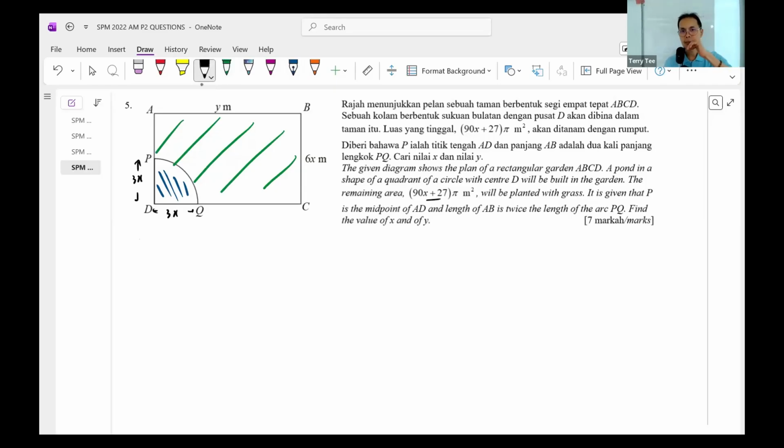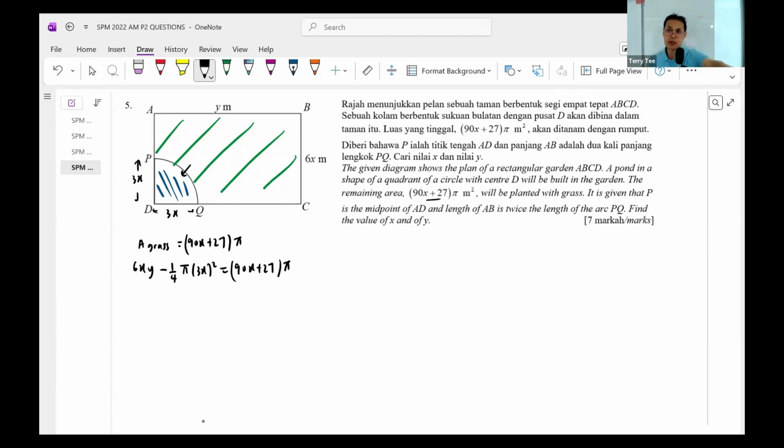Take the rectangle minus the quarter of a circle. The area of grass is 6x times y minus 1/4 of the area of this circle, the blue color, which is pi r squared. The result is 90x plus 27 bracket pi.